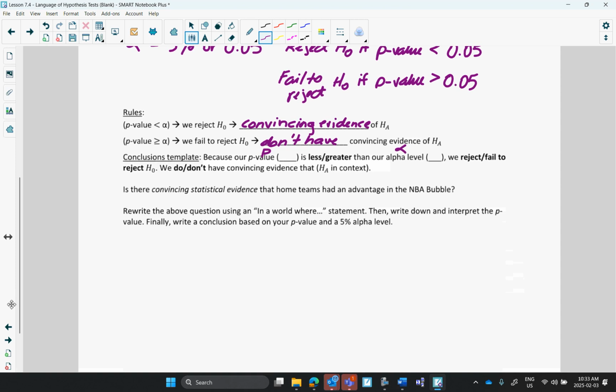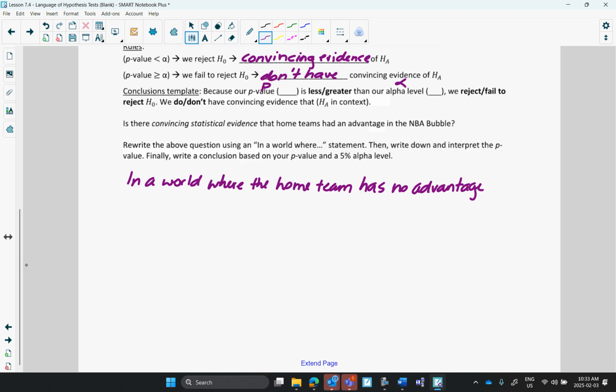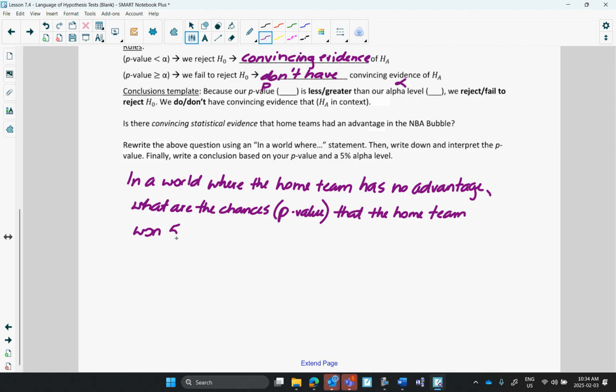So, again, in a world where the home team has no advantage, what are the chances, and when I say that, I mean p-value, that the home team won 56% or more.